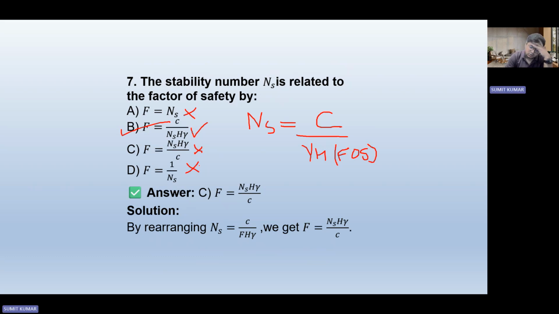Okay, I have a doubt regarding this, but as I understood, c by gamma H, no, this is wrong. This is wrong.